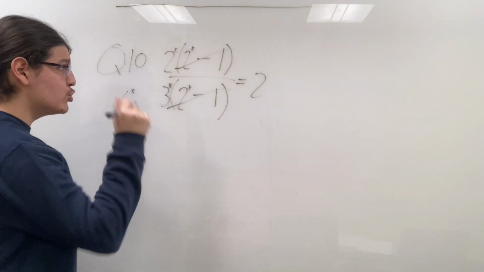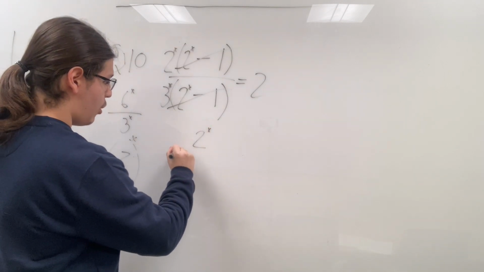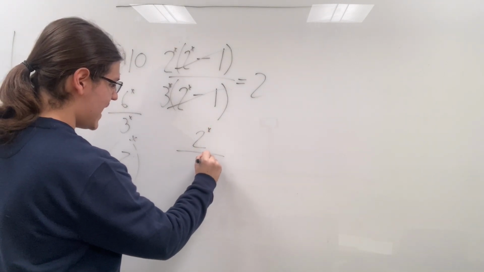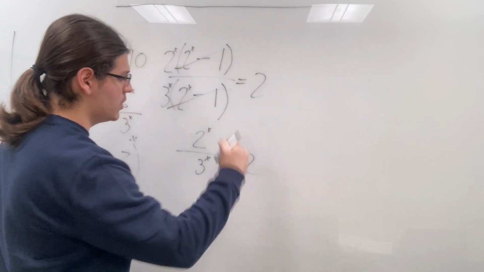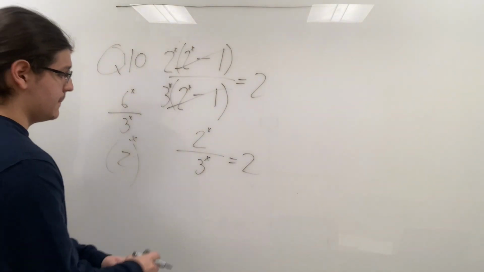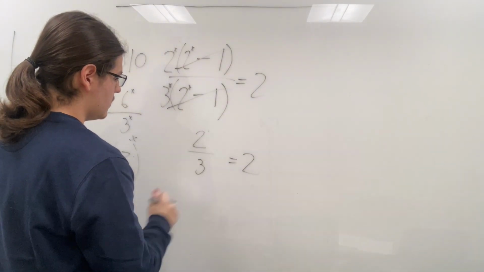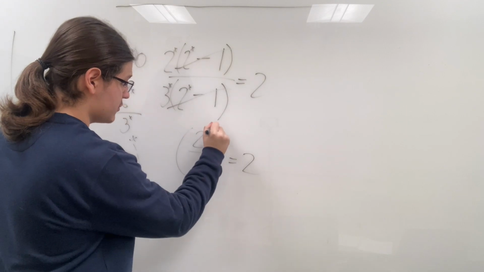And so our new equation: 2 to the x over 3 to the x is equal to 2. And now we will do the same as we did here. That is just 2 over 3 to the power of x.